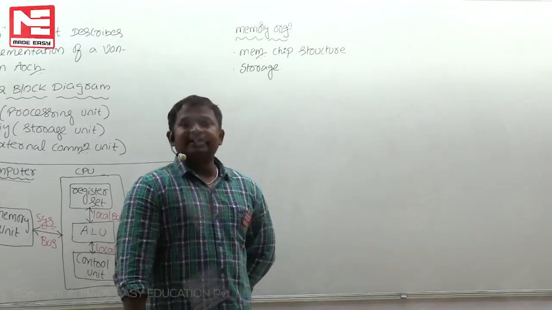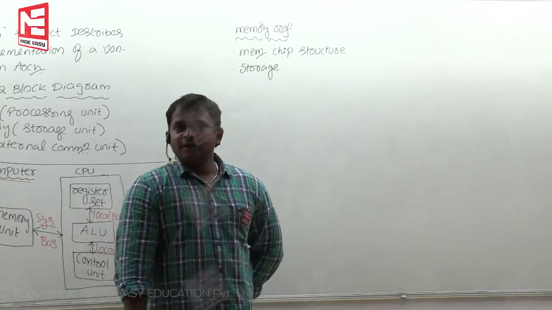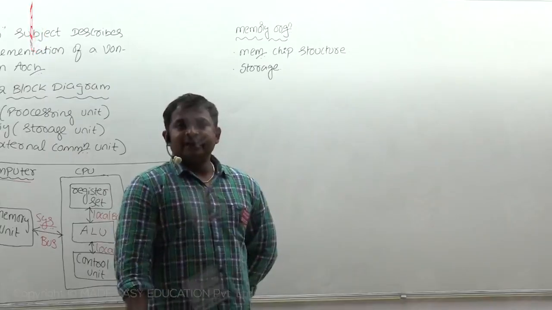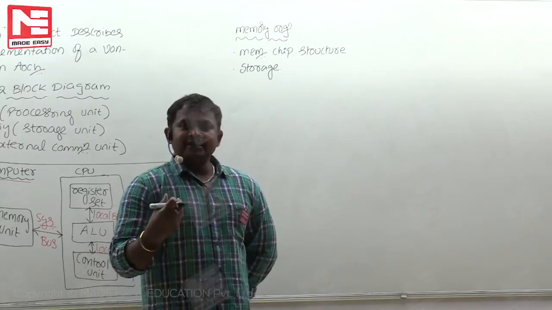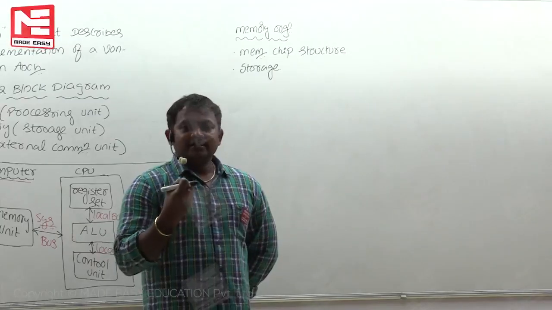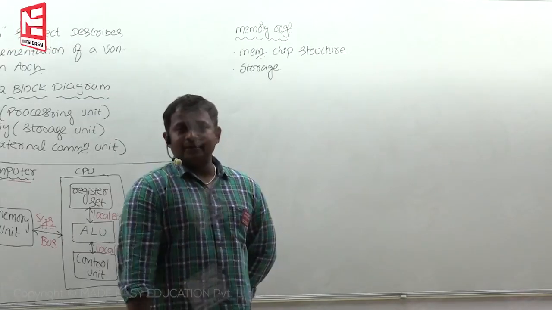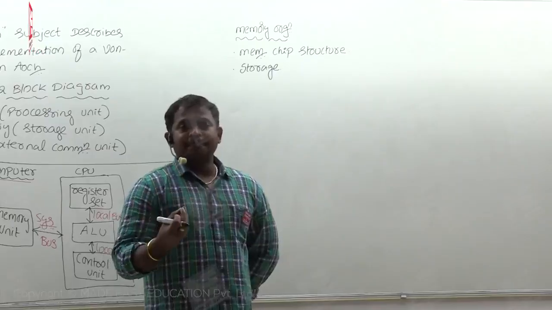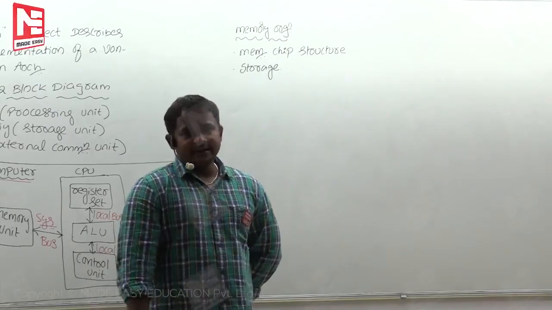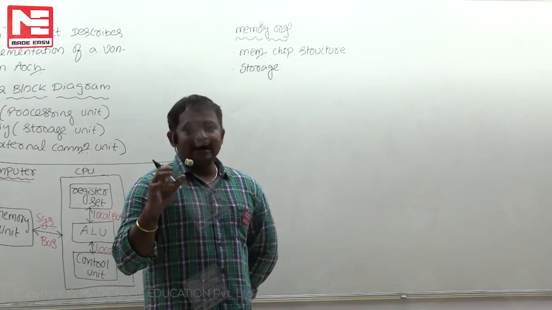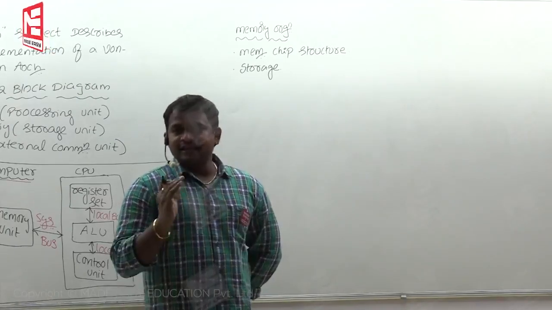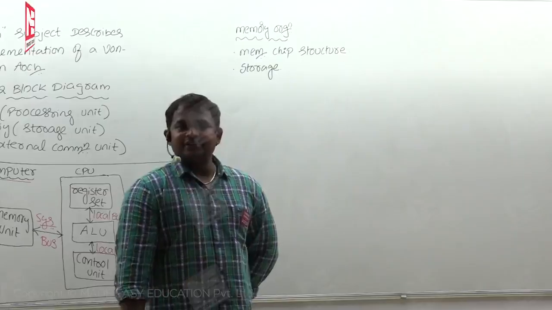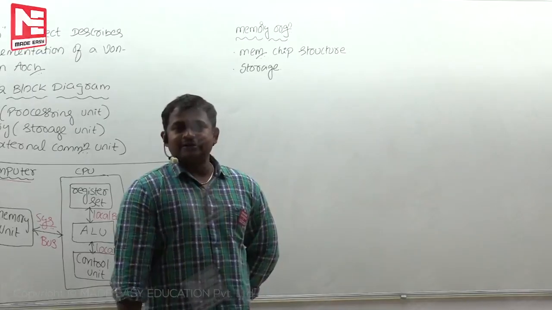Memory cells are addressable units. Therefore, by using the address, we can enable the memory cell. Within the memory cell, data storage space is available, so we can store the information in the cell. Right? Next, the memory chip has two control signals to perform the operations. One is the read action, the second is the write action.